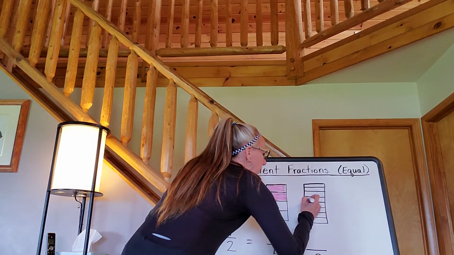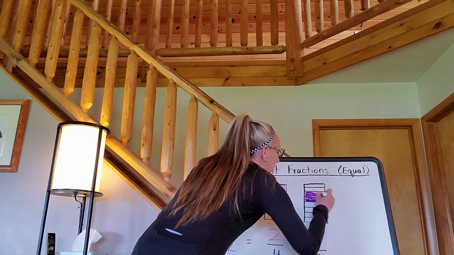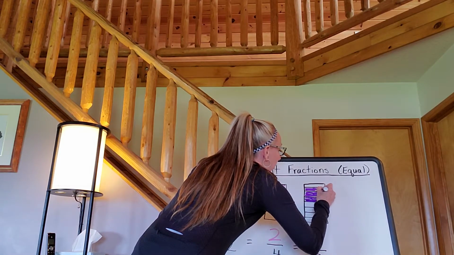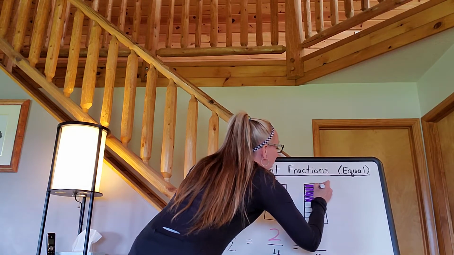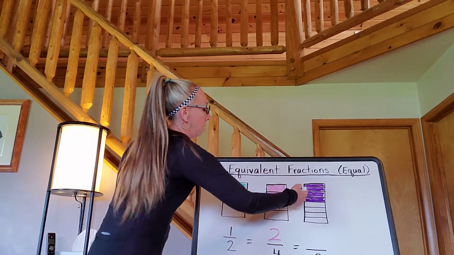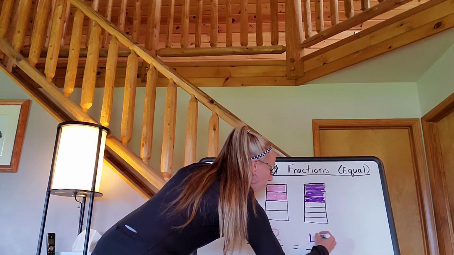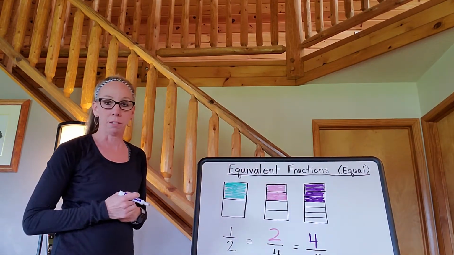I'm going to run that line across there and I'm going to go right here, and here, here, and here. So now I think I have it all equal. So let's count these pieces. 1, 2, 3, 4. 4 out of 8 are shaded.